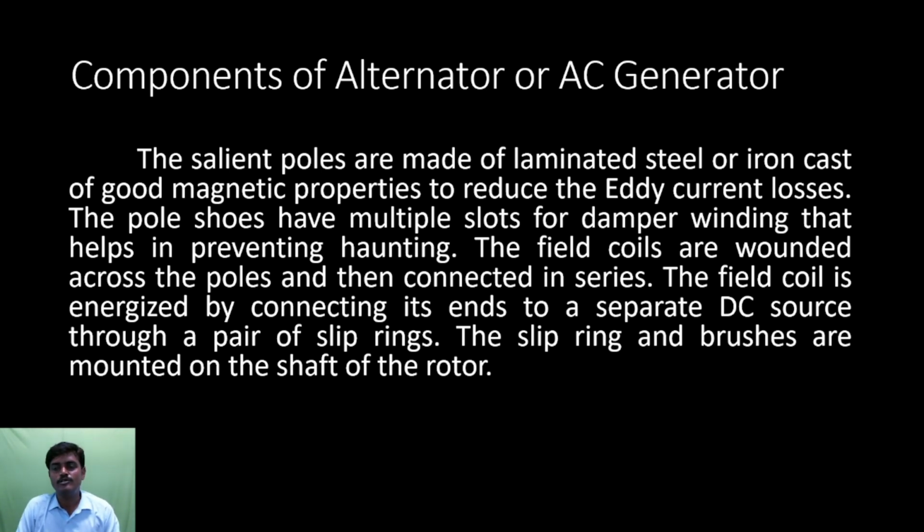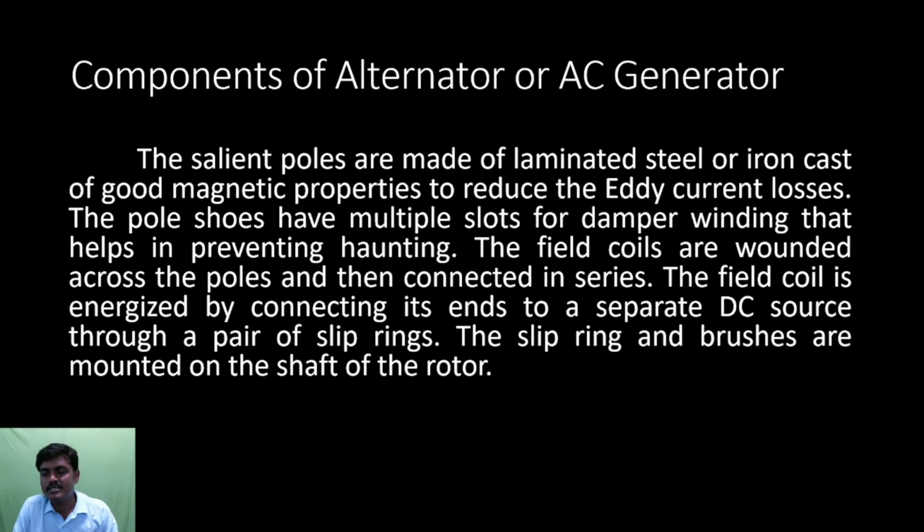So lamination is only to reduce the hysteresis as well as the eddy current losses. The pole shoes have multiple slots for damper winding that helps in preventing the hunting effect.